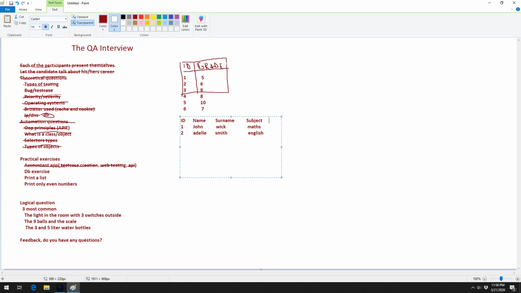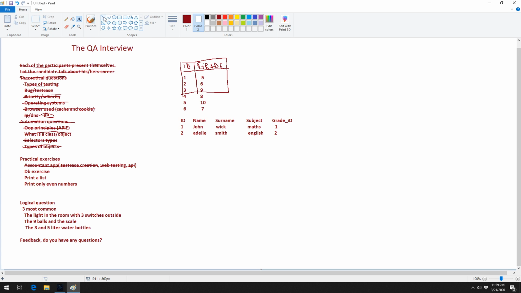Okay, and also you have here grade ID. Let me just clear this up. I think I can make it bigger. Okay, this is better. 1, 2, and I think you already got the point. Let me just draw the table. Of course, my bad handwriting.